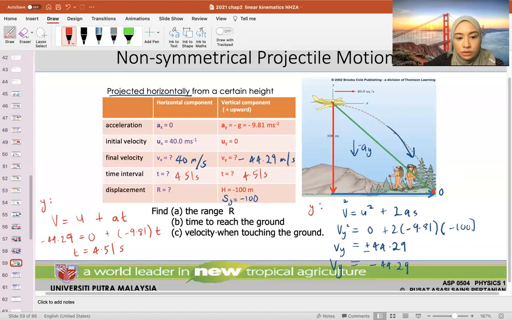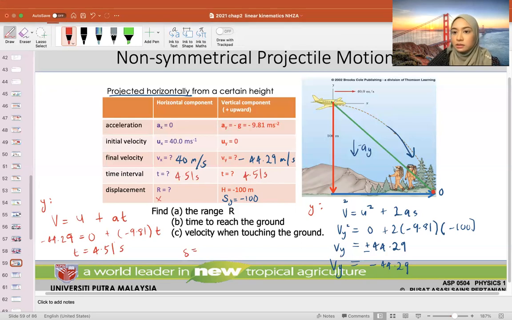What equation should I use here? So displacement is r. We want to find the x direction, so we have to use the x component values. What equation should I use? S equals to, I have t, I have v.